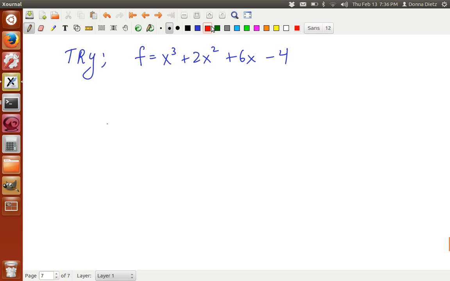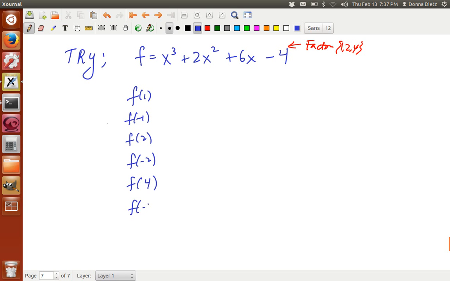Okay, you've come back. Okay, so the factors here are 1, 2, and 4. So that means +1 minus 1, +2 minus 2, +4 minus 4. So what we're going to do, and you can use your calculator, f of 1, f of -1, f of 2, f of -2, and you're telling me, hold on a second, you just told me not to waste my time doing them all.